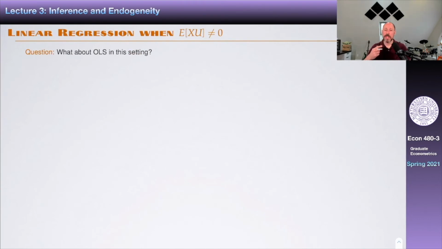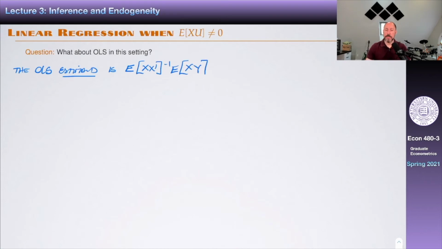So what happens in this case with the least squares estimator? Well, this is something that is going to be useful in the next slides. So the OLS estimand is expected value of x x prime inverse times expected value of x y.